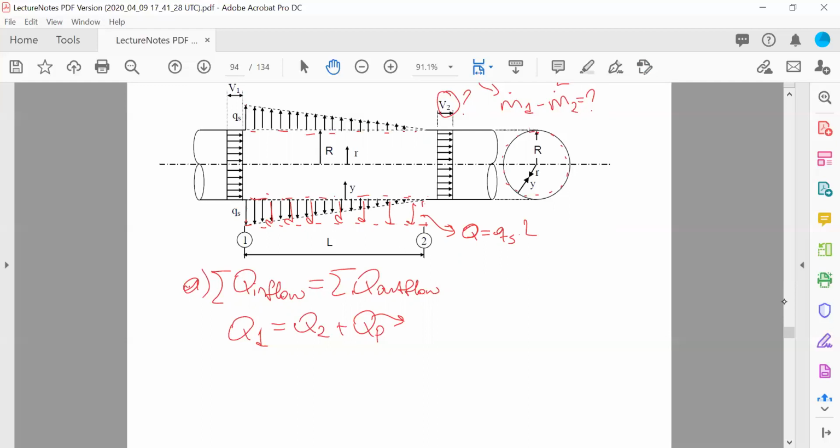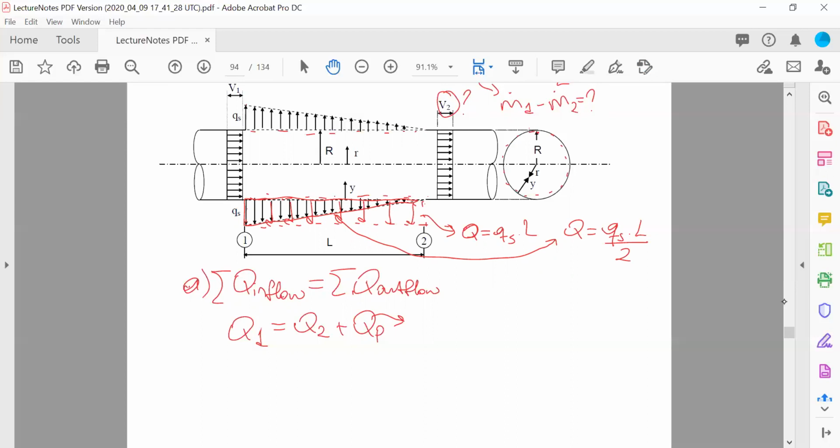In other words, the distribution is not rectangular, but it is triangular like this. And we know that triangle is just a half of a rectangle. So that for this discharge distribution, Q will be equal to just Qs L over 2, because it is a triangular distribution.